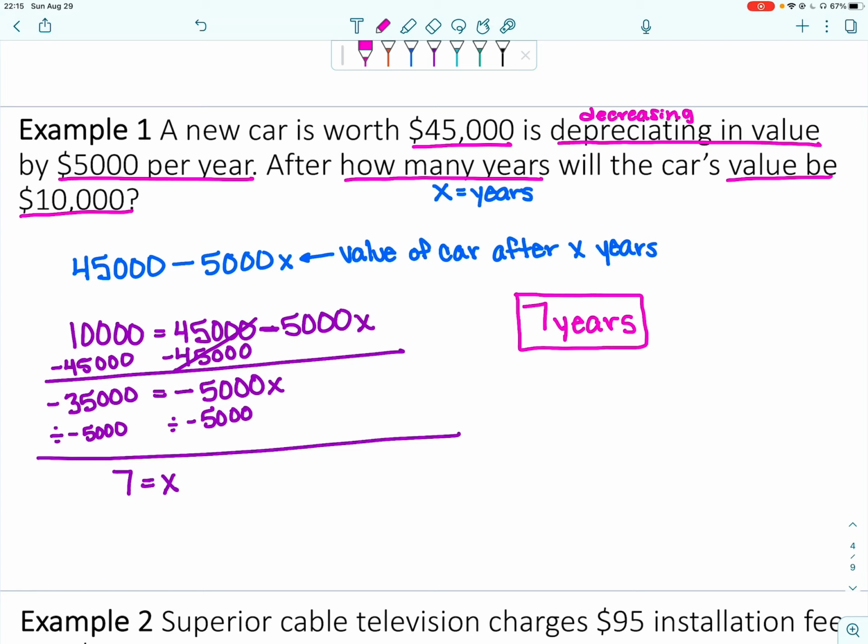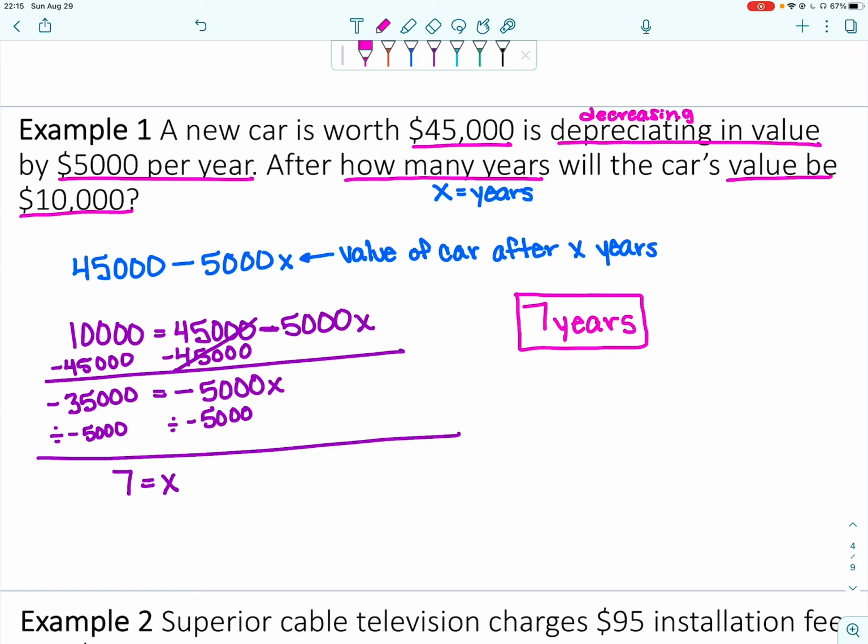I went back to the original wording and I said, okay, 45,000, I'm losing 5,000 every year. My answer was 7, so if I do 45,000 minus 5,000, and I do that 7 times to represent the 7 years, do I get the answer of 10,000?